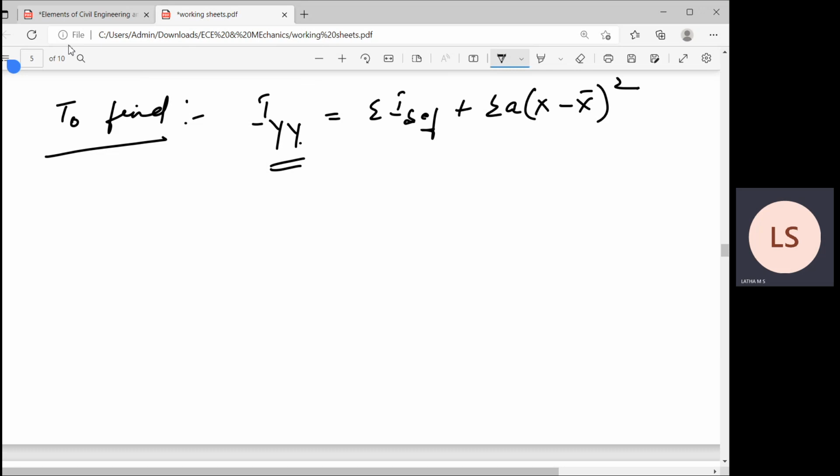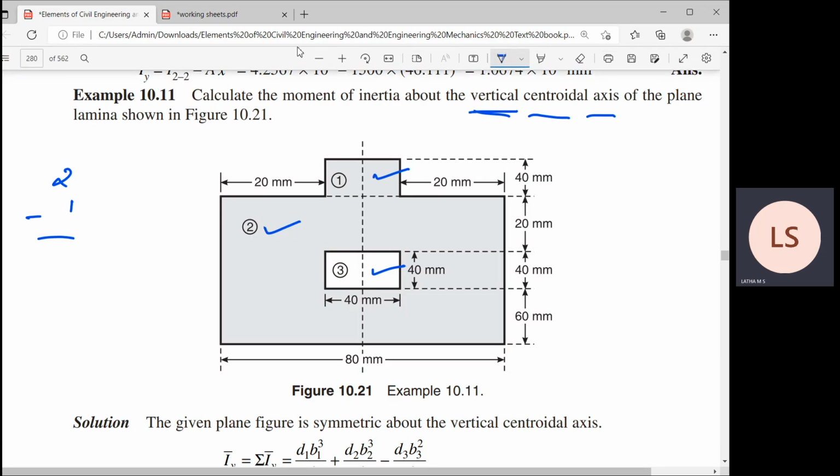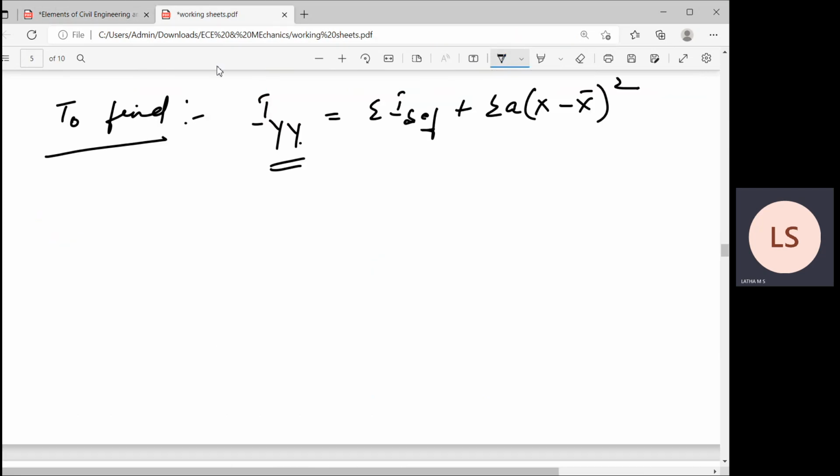The problem is asking to calculate the vertical centroidal axis, so I'm calculating the centroid. Otherwise I can get the answer in one step, but better we do the regular procedure.